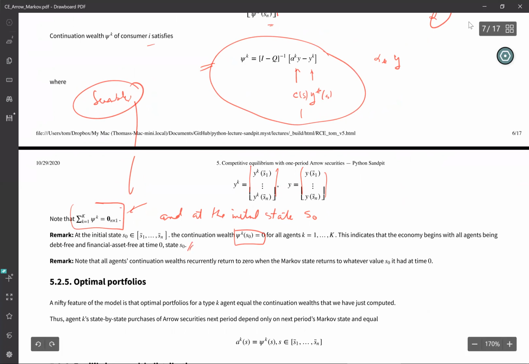So there's a particular state, the initial state, where everybody starts with zero wealth. But then as trading proceeds, continuation wealths change. There's borrowing and lending, state contingent. So my continuation wealth may go down and yours goes up because we've traded one-period Arrow securities.